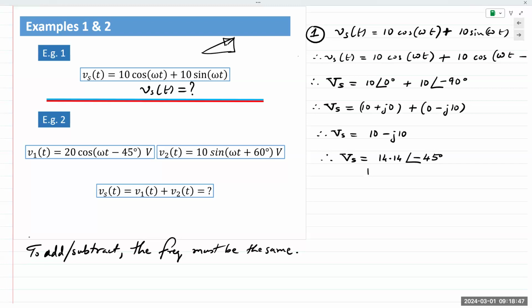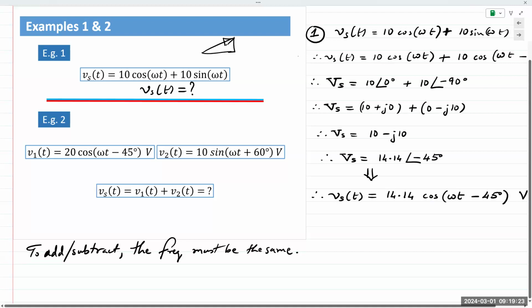And from here, you can directly write down the time domain answer. v of t has a magnitude, or a peak value, of 14.14 cos of omega t. The frequency does not change. It's important to keep in mind that this mathematical manipulation does not affect the frequency at all. So it's cos omega t with a phase angle of minus 45, and then, of course, volts.